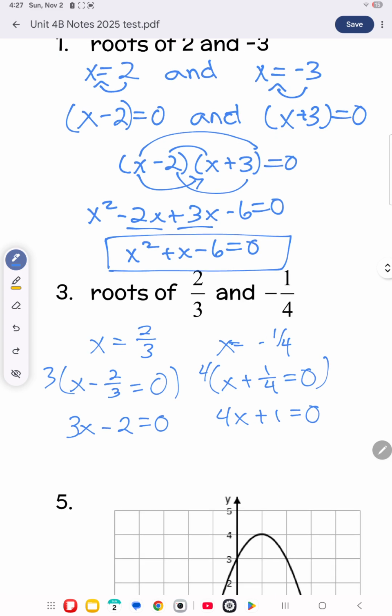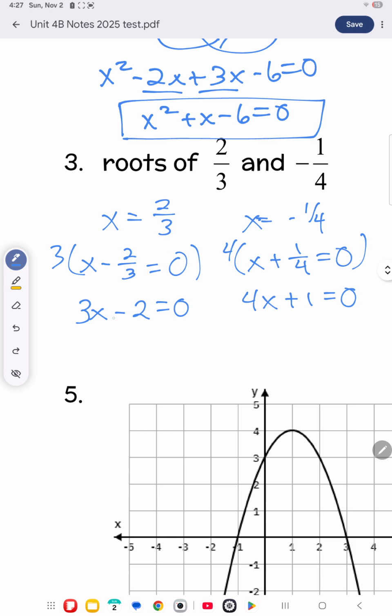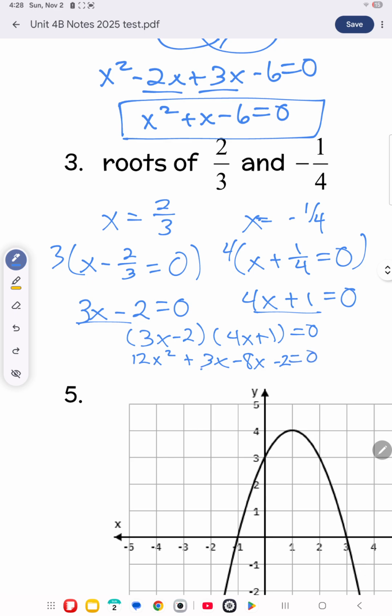All right? So we take these two factors now. These look more like factors. And then we're going to multiply them together. So 3x minus 2 times 4x plus 1 is equal to 0. Right? Start multiplying everything out. This is going to give you 12x squared plus 3x minus 8x minus 2 equals 0.